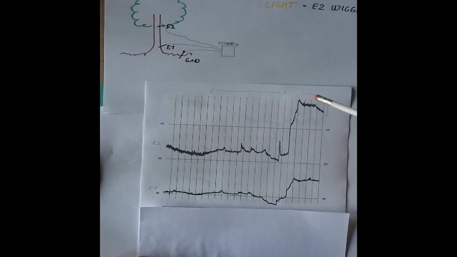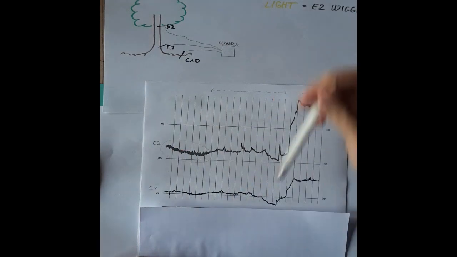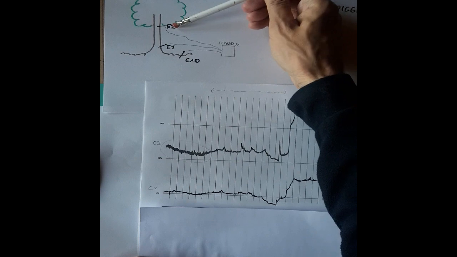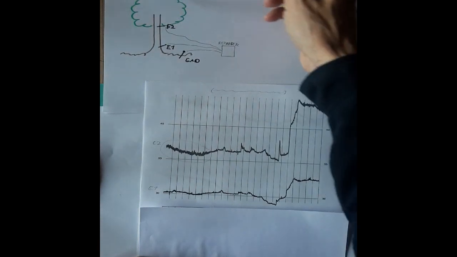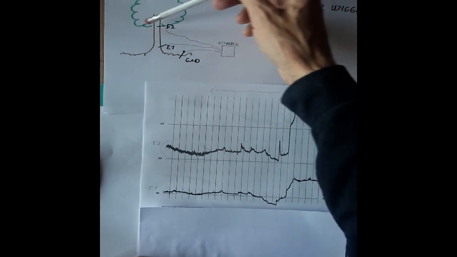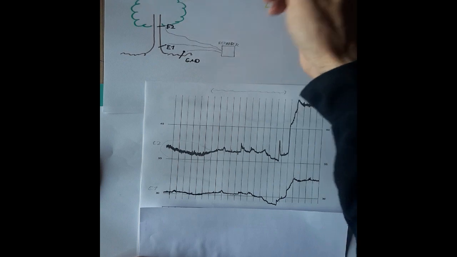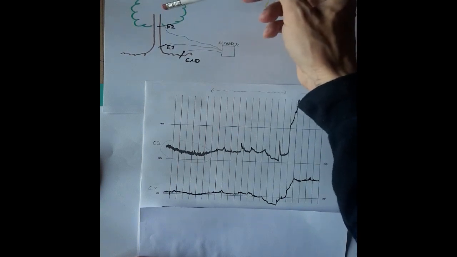The interesting thing is also that this effect happens only in the electrode E2, which is the one up here, which is the one that sits closer to the top of the tree, to the green parts of the tree, to the photosynthesizing parts of the tree that react to light and that deal with light all the time.